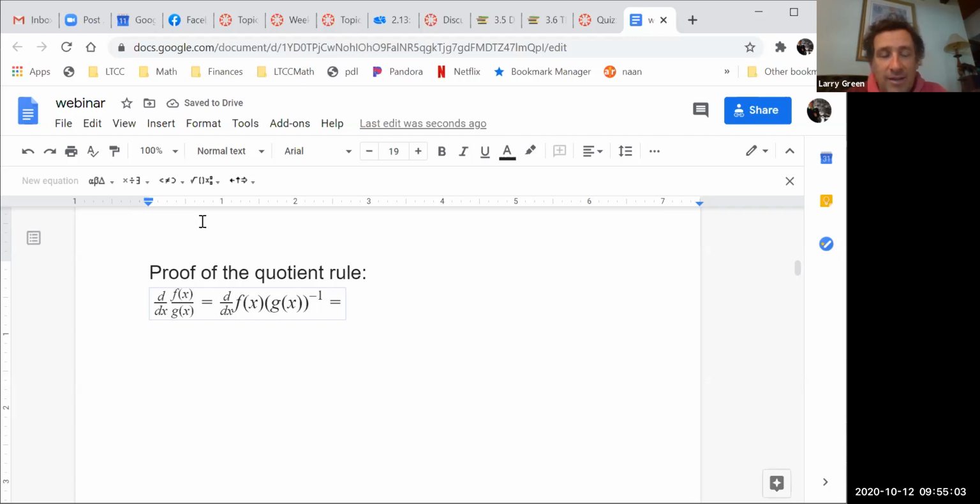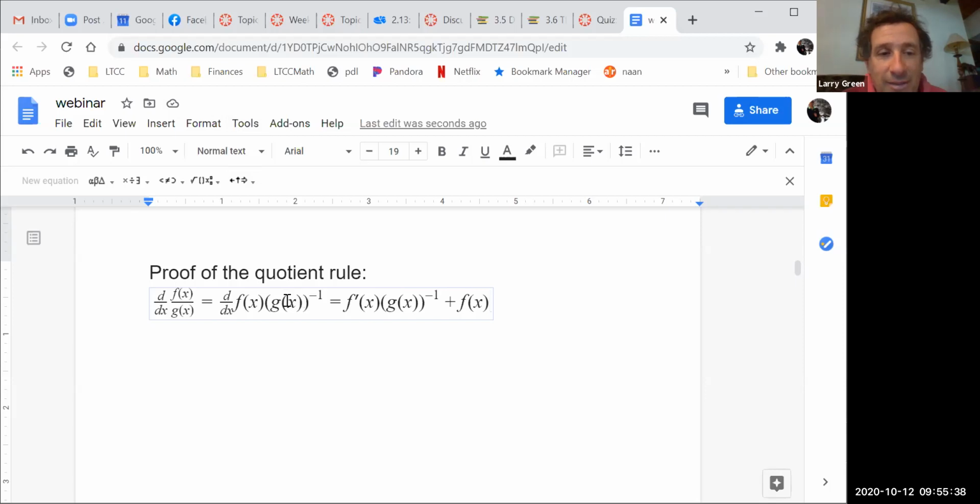Well, the product rule says the derivative of the first, which is f prime of x, times the second, which is g of x to the negative first power. And then it says plus the first, which is f of x, times the derivative of g of x to the negative first. Well, to get the derivative of g of x to the negative first, I use the chain rule.